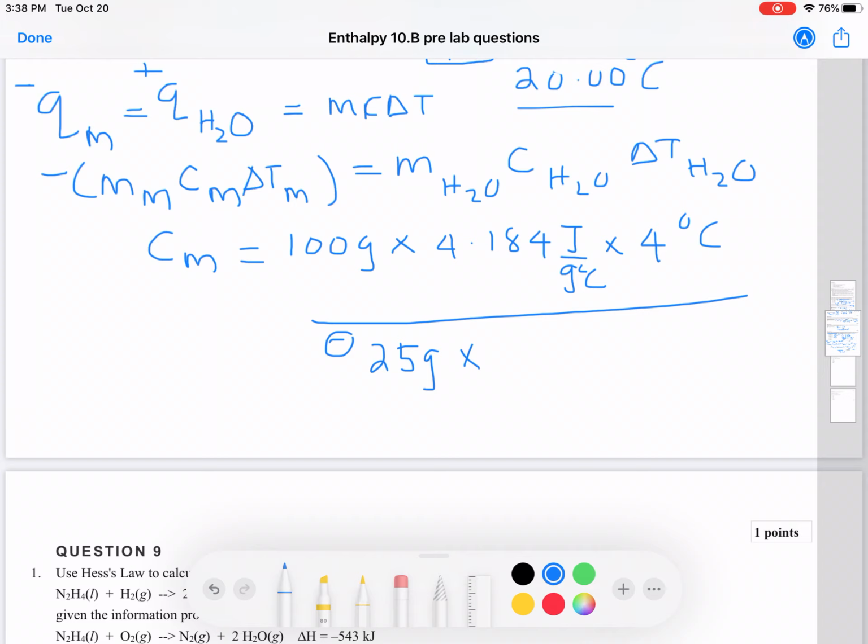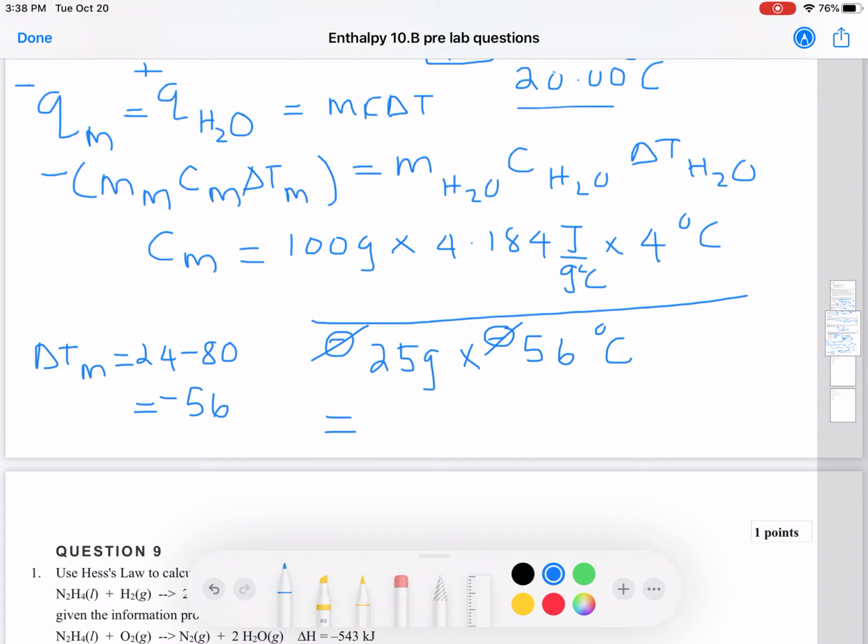For the metal, the delta T is the final temperature 24 minus 80. That will give you negative 56. So we have two negative terms, so the negatives multiply and you get a positive number.